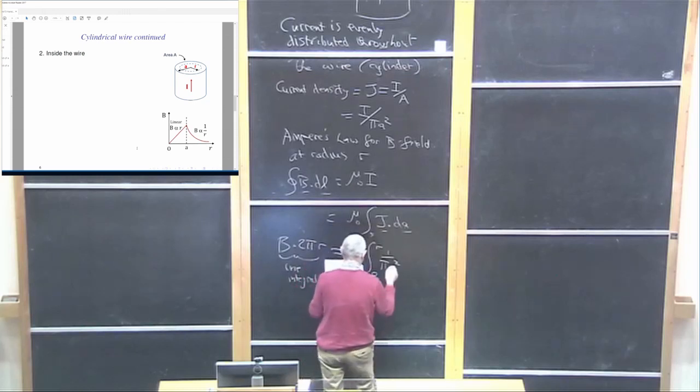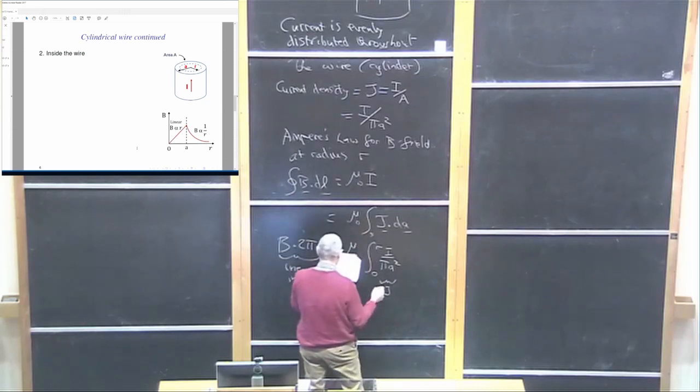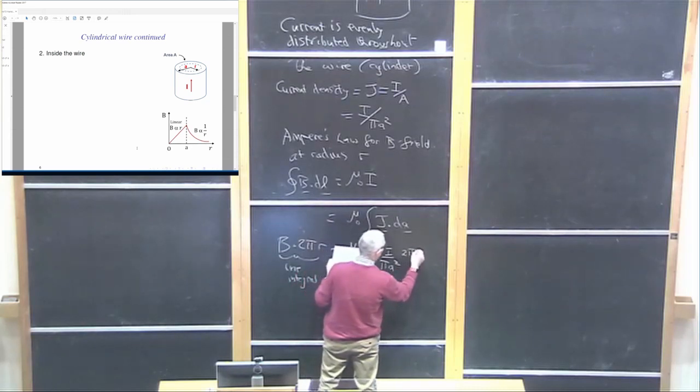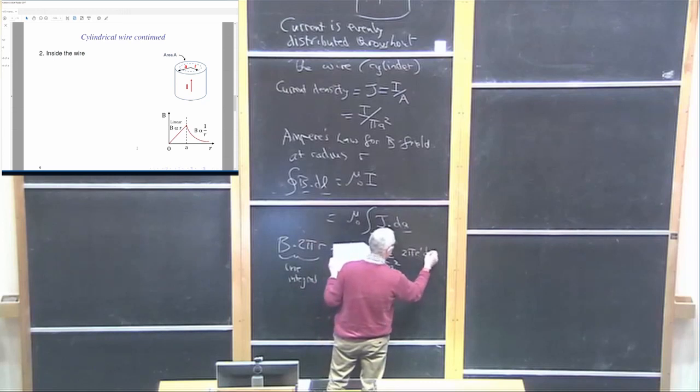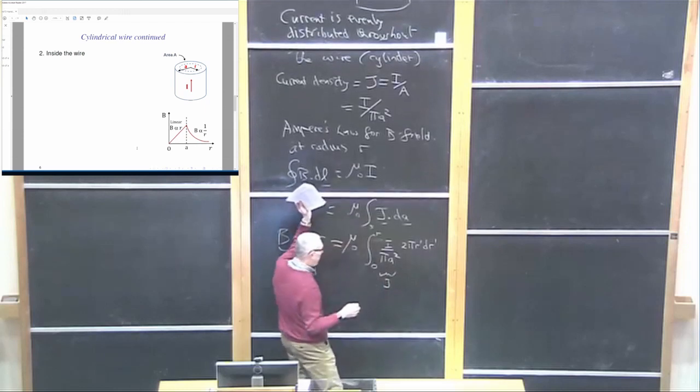Let me write it down. Sorry, that's I over pi a squared, that is the current density, J, times 2 pi r primed dr primed, and that goes from 0 to r.